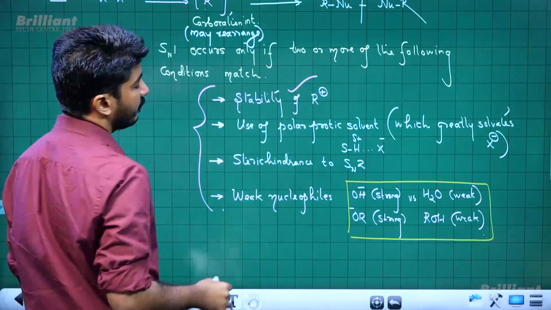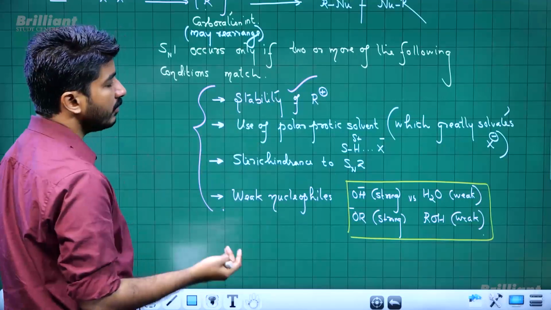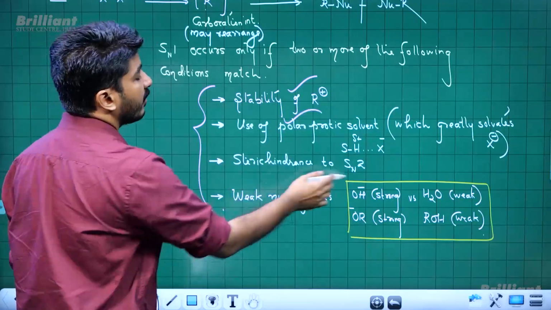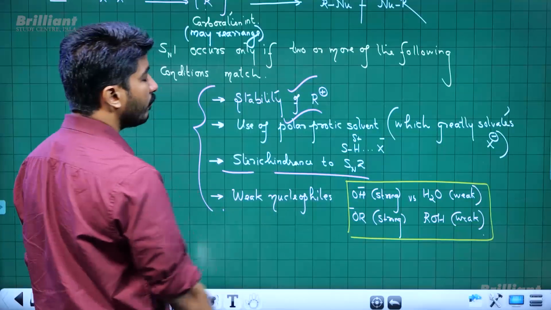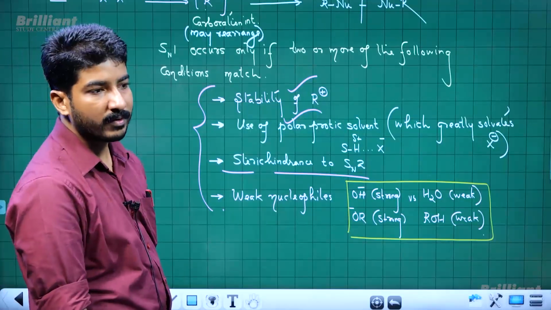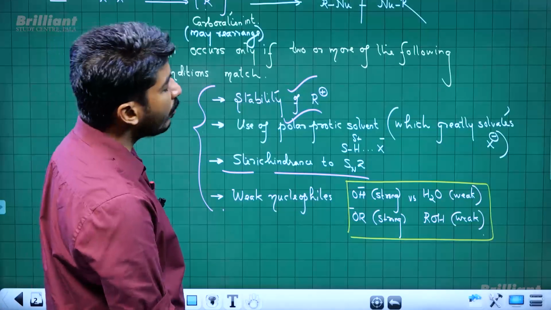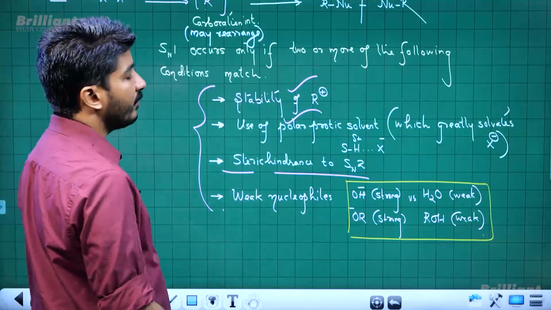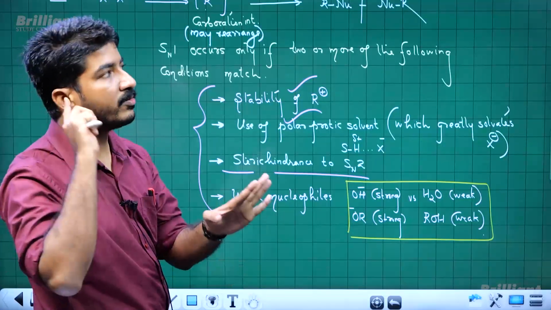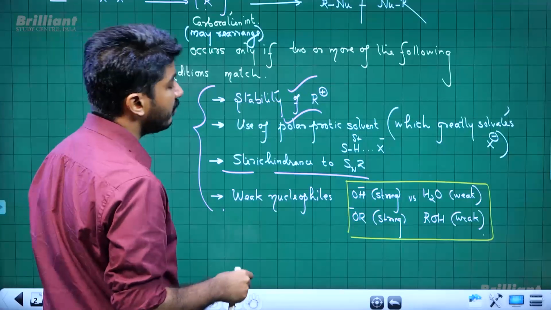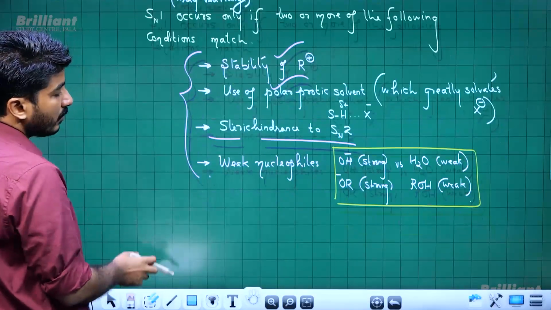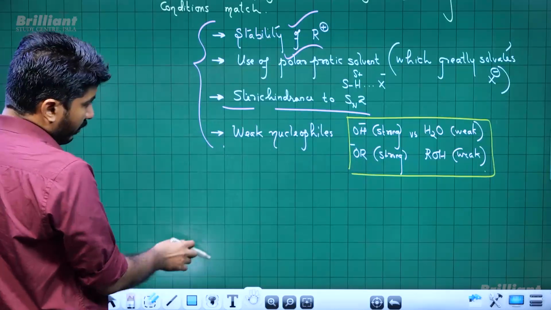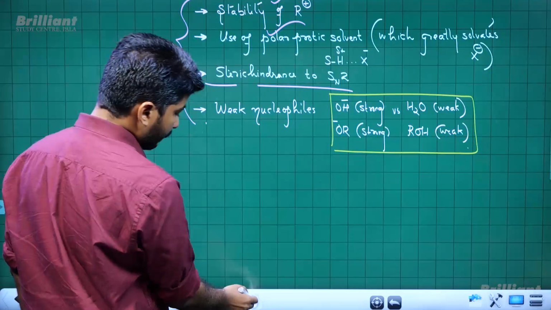Stability of R plus, that is why tertiary shows this reaction, and use of polar protic solvent, of course, and steric hindrance to SN2. If steric hindrance to SN2 is present, then SN2 cannot occur, because SN2 occurs only if the nucleophile is directly able to attack on the R. If there are bulky groups, then it cannot directly hit on the R. Then SN1 will be the alternative mechanism. Weak nucleophiles, that is another case. Okay, these are a few instances.